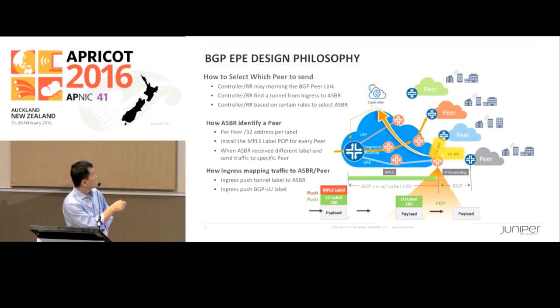So this ASBR router actually assigns a different label for each peer. Once it receives the label, it knows to send to a different peer, passing through a different network, and so on. It's quite simple.